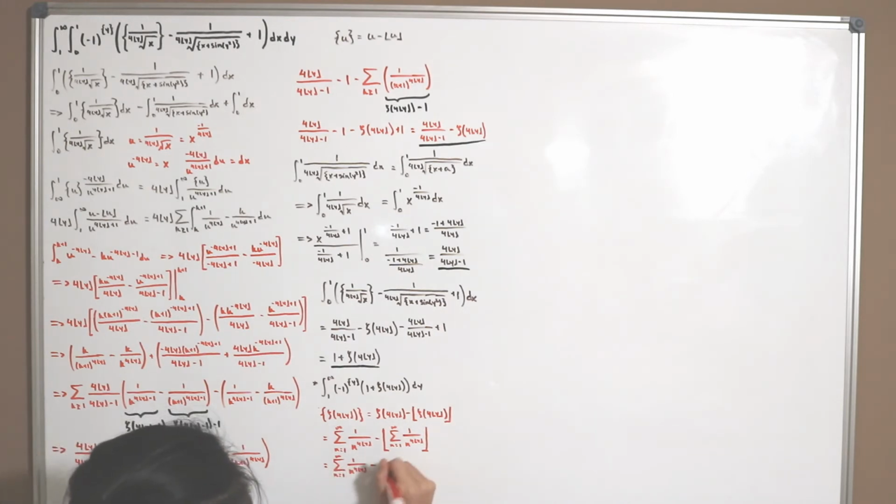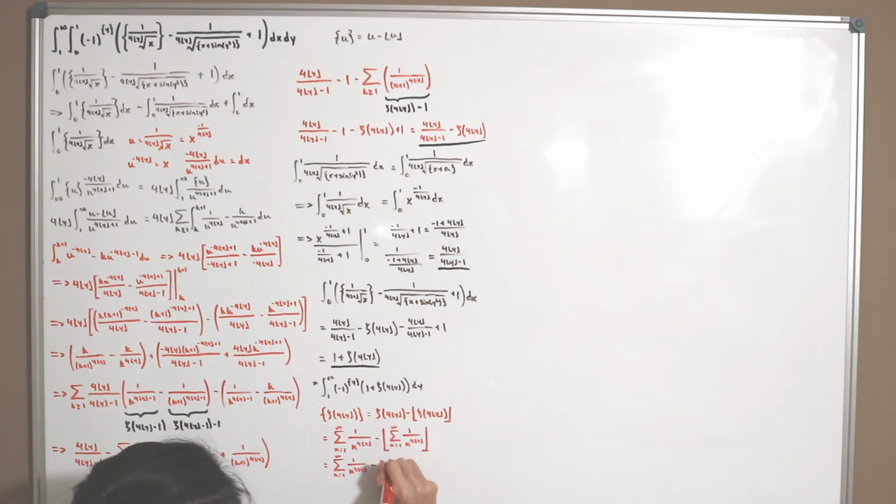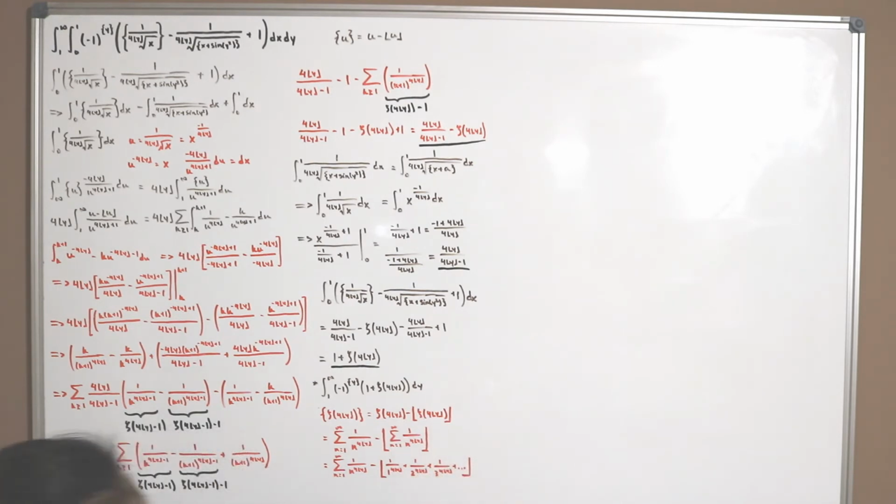Let's actually expand this series out just a bit. We get 1 to the power of 4 floor y, plus 1 divided by 2 to the 4 floor y, and so on and so forth, 1 over 3 to the 4 floor y, plus dot dot dot.